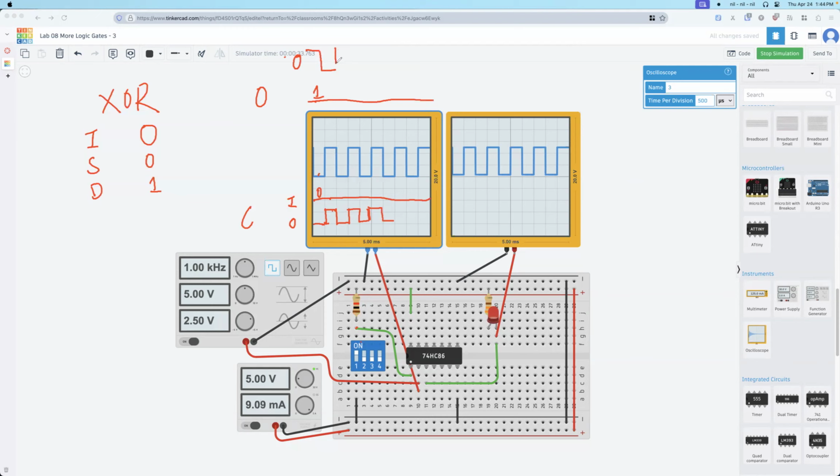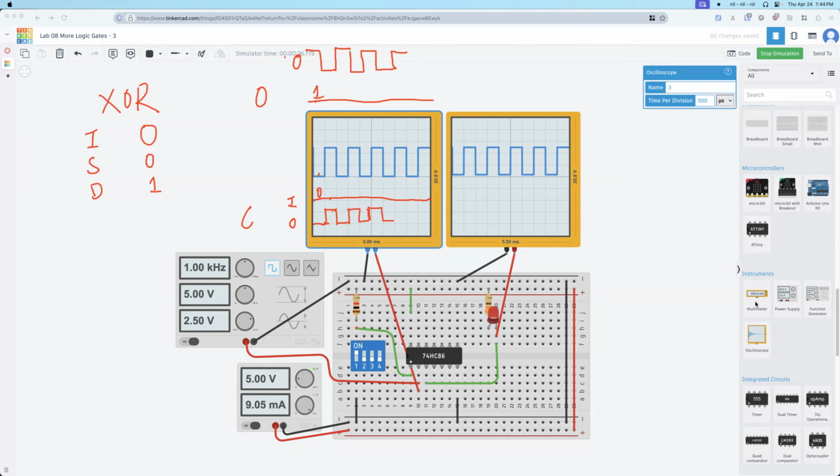Then the same, so 0, 1, so input is 1, output is 1. Then same, so is 0. Okay. So you can see here, actually, when you change the switch position, the output should flip, okay. So change the direction, but in Tinkercad this one doesn't change, so I'm not sure.